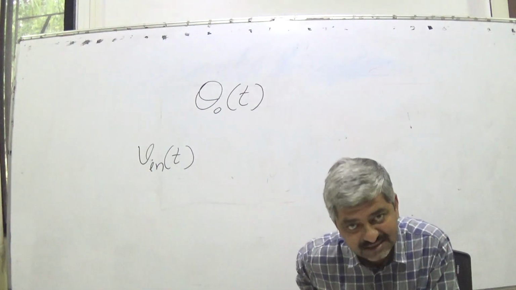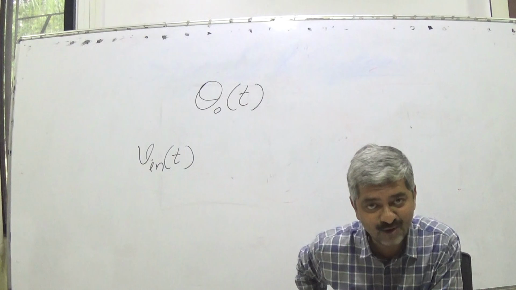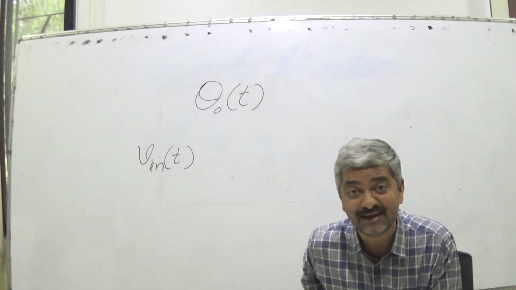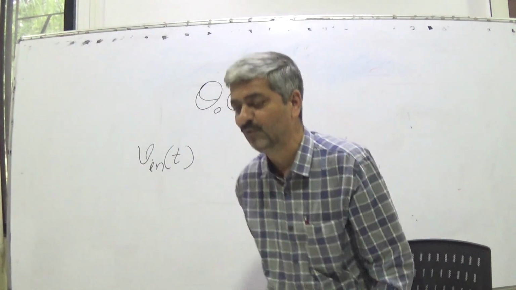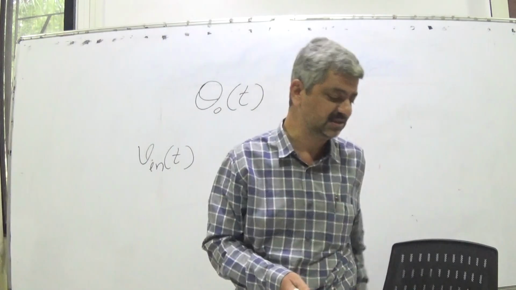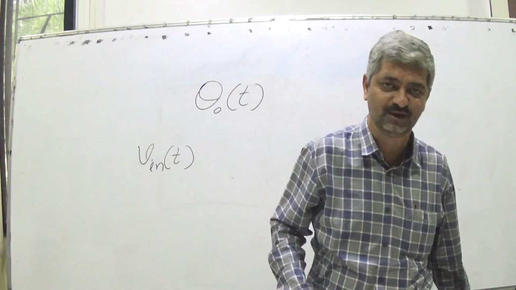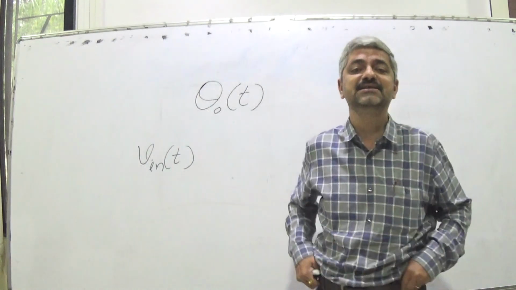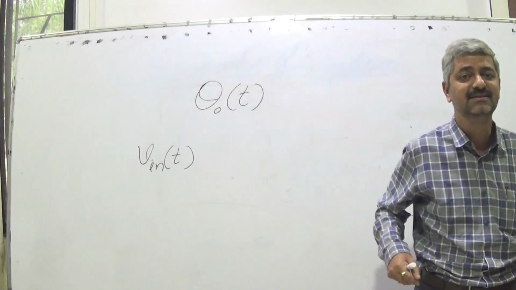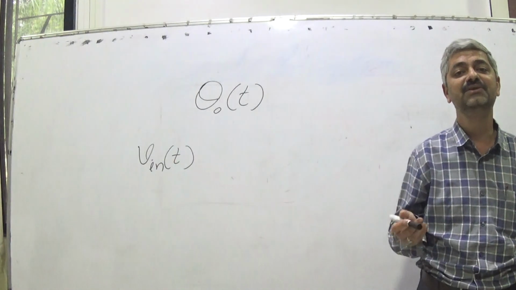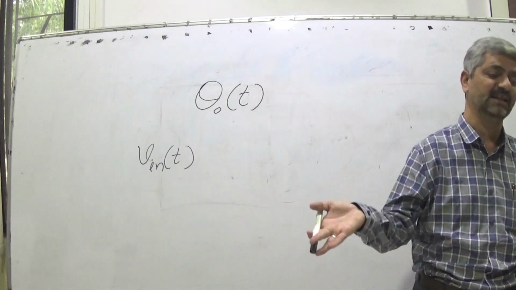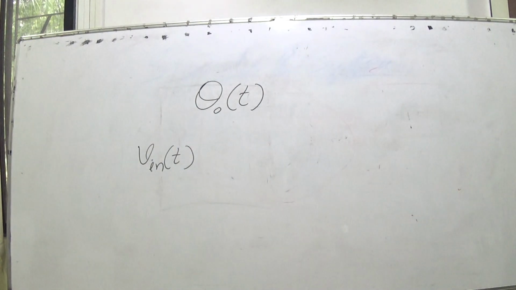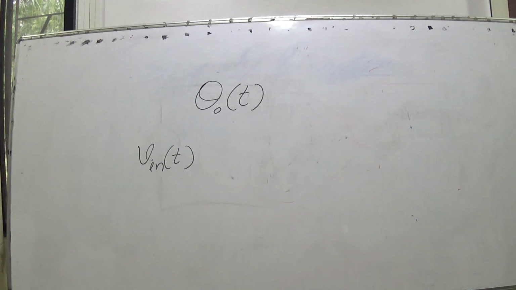Every system must have some system equation, and on the left hand side of the system equation, you must have an output signal.